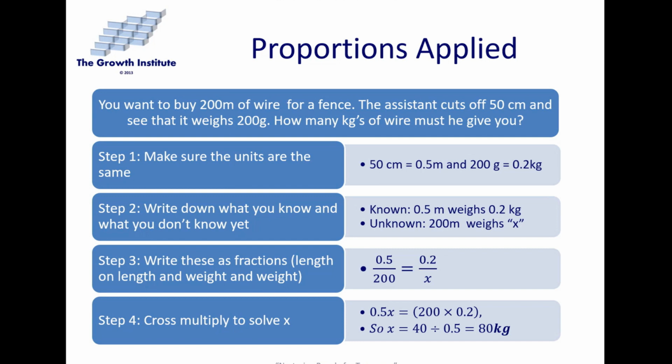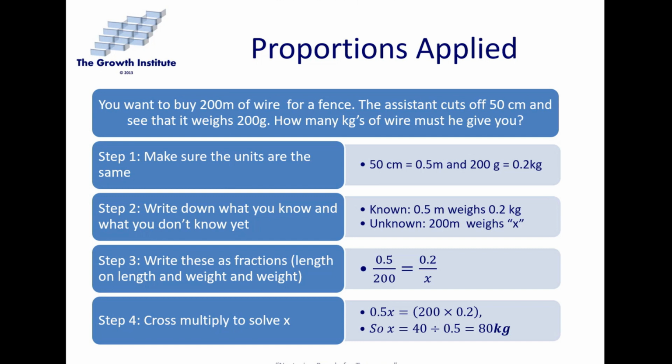So 0.5x divided by 0.5 leaves us with x, and 40 divided by 0.5 leaves us with 80. And remember the unit, do not forget the unit, it's 80 kilogram. Because that is what we are looking for.